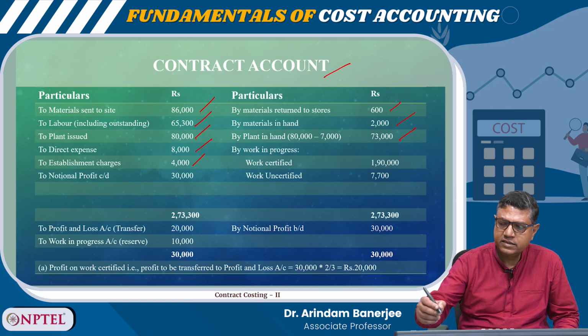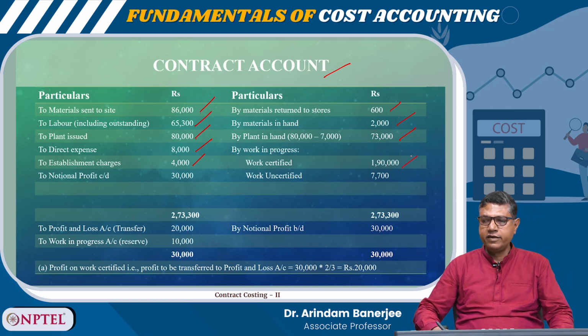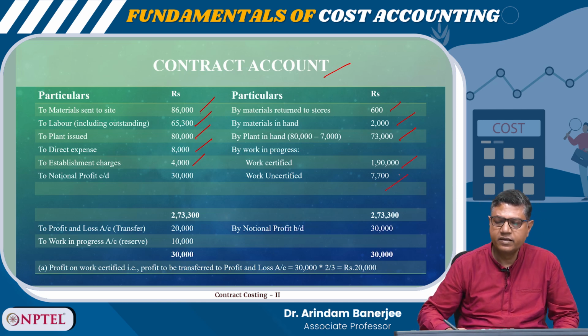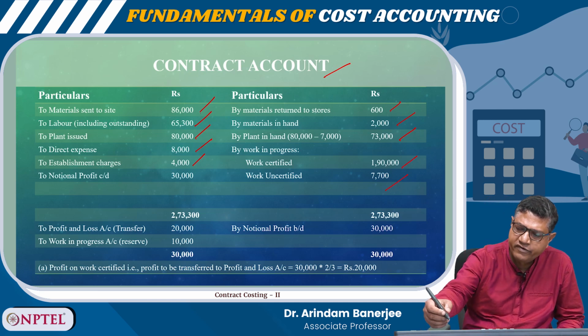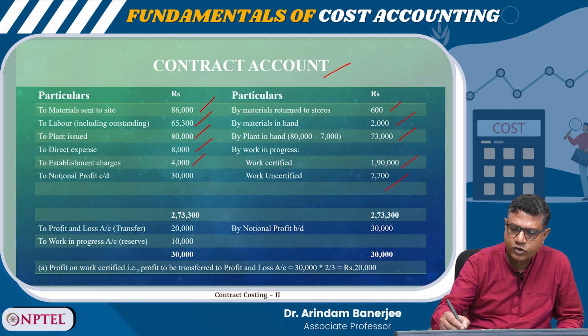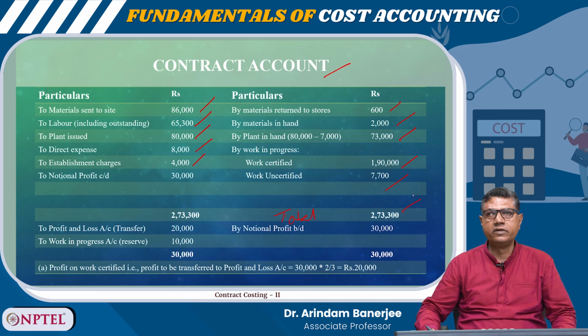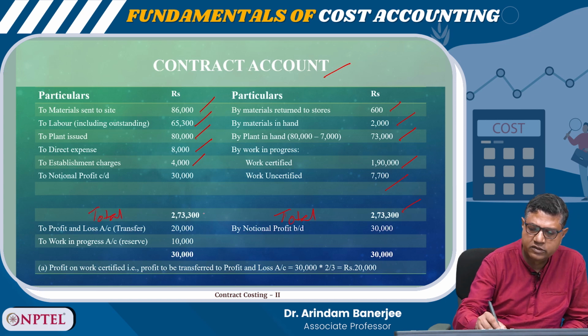Work certified is 1,90,000 and work uncertified is 7,700. Now, if we add the right hand side, the total is coming at 2,73,300. So, this is my total, right. The total should be equal on both sides.